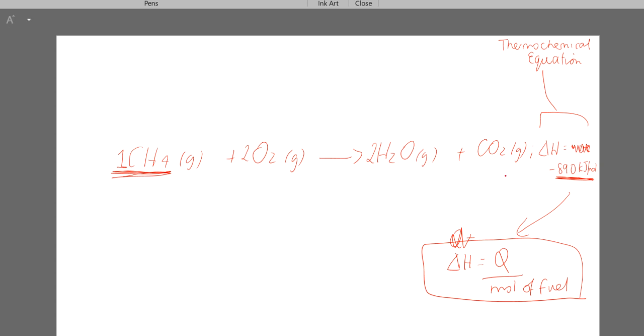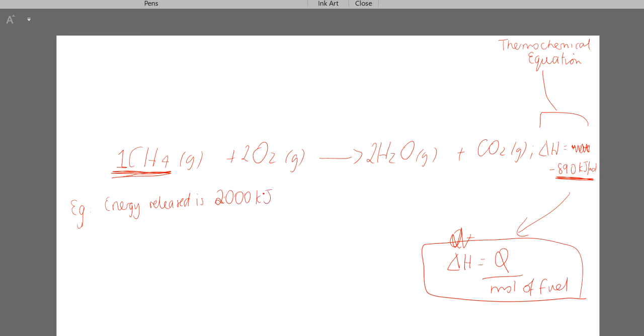Okay, so I'm just gonna do a little quick example. My example is going to be, considering this whole scenario, methane is burnt and the energy released is 2,000 kilojoules.